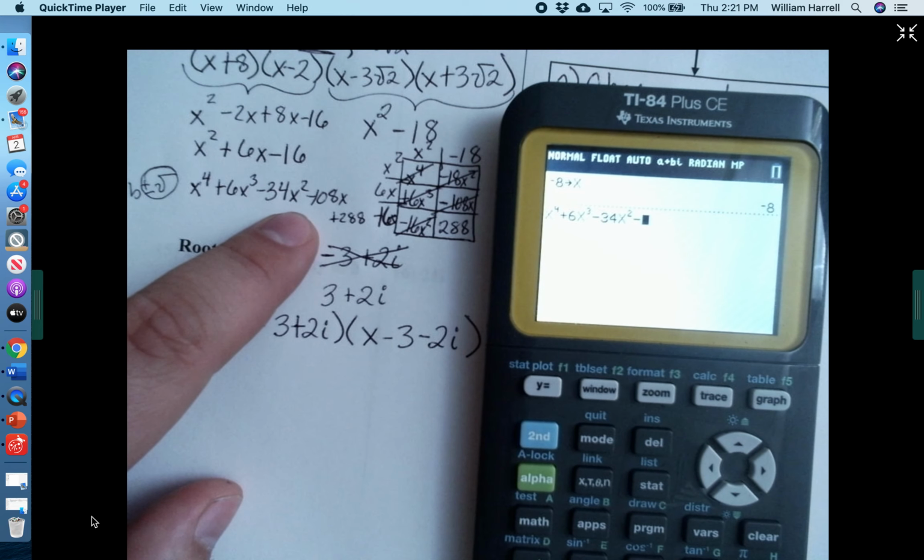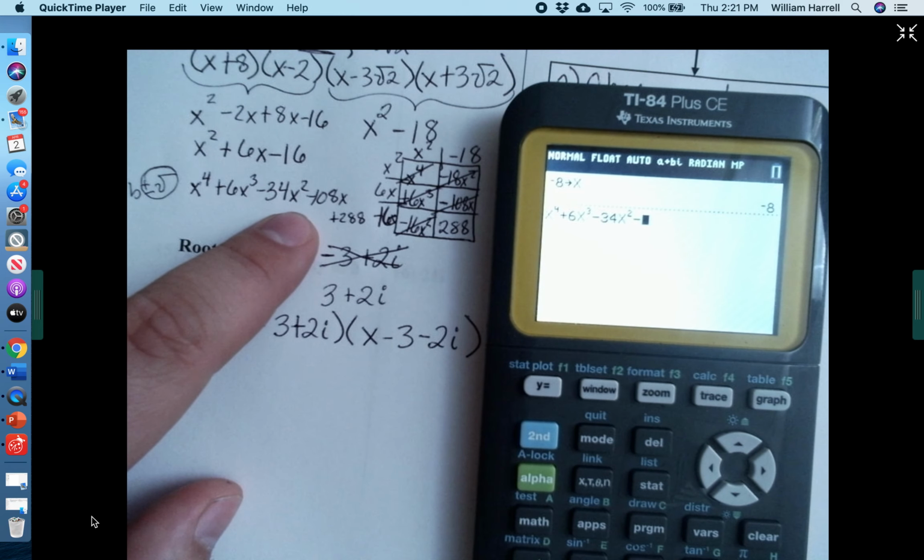So, -8 is good. 2, store x, enter. Instead of taking such a long time to type your entire polynomial back in, if you arrow up, it will highlight it. Once it highlights it, hit enter, and then enter again. Okay.